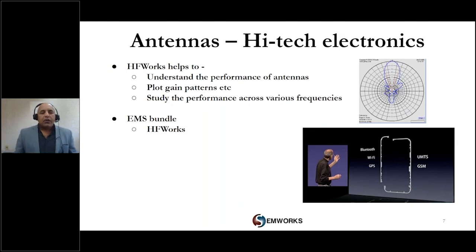You're going to need what is called a powerful antenna. Hence, with antennas, you're going to plunge into the high-tech part of electromagnetics, wherein our product, HFWorks, comes in to really help you be on top of the high-tech companies.